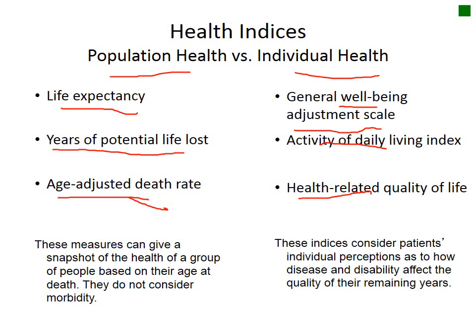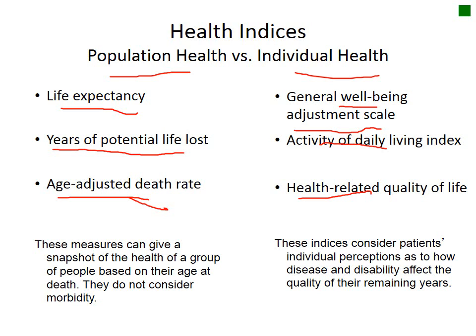Lastly, with respect to the types of economic analysis that I just mentioned, some of the other indices that we would utilize in analyzing, for example, a cost-benefit ratio. In population health, when we look at the population, we can measure how long are you living, or how much life did you actually lose as a result of the disease.